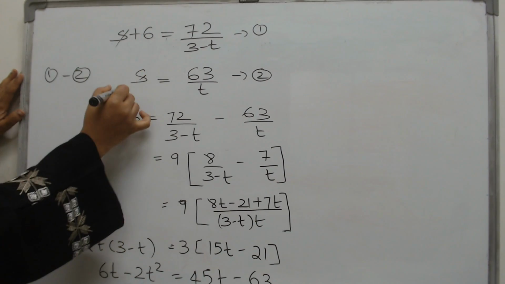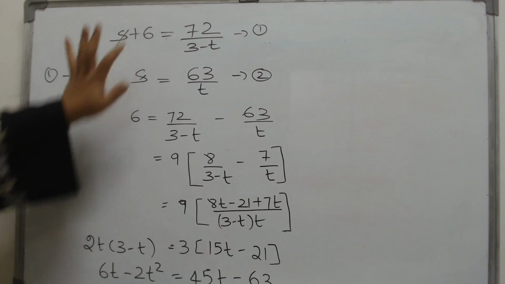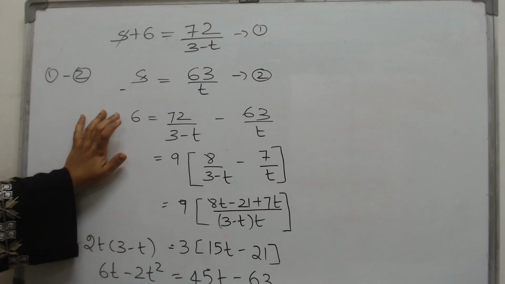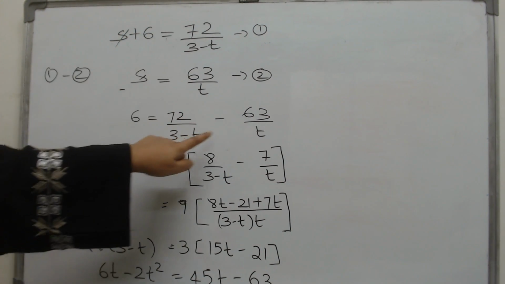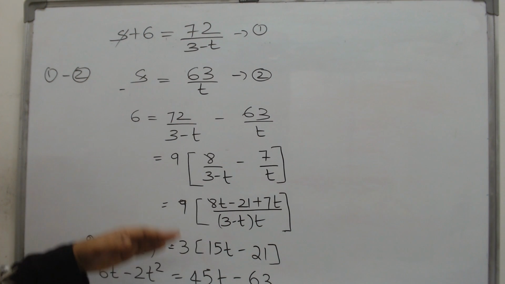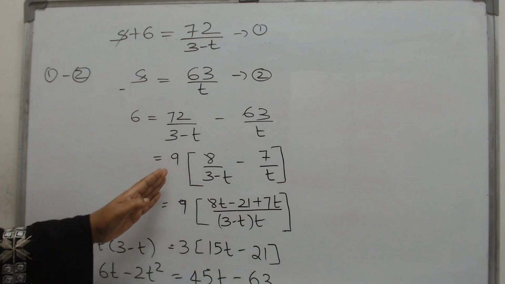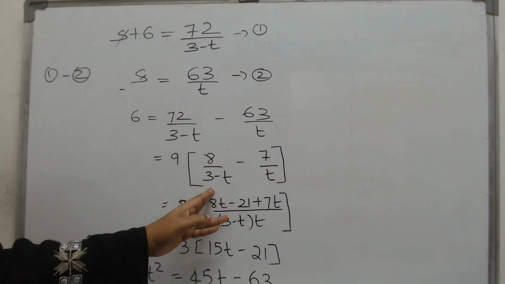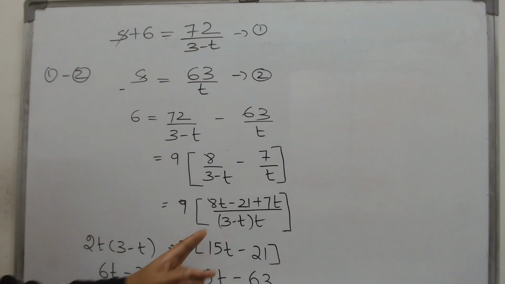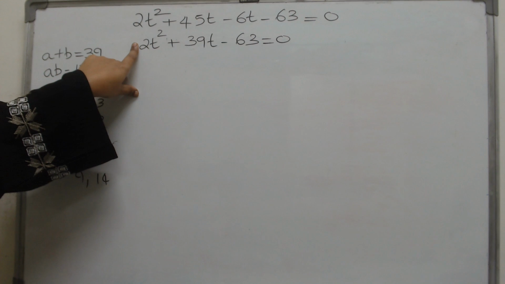Both the s will get cancelled, and here you will get just a 6. And now subtract the other two, you will see that 72 and 63, make it smaller as much as possible. Take out the 9, there you have two fractions, find the LCM, and then you will get such an equation. So this is the quadratic equation that we arrive at.